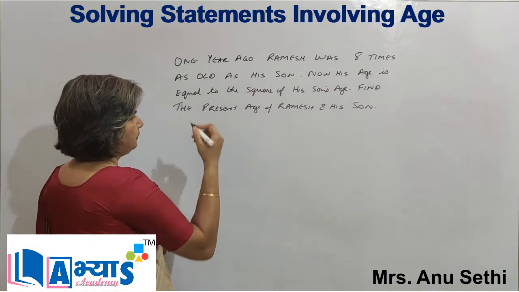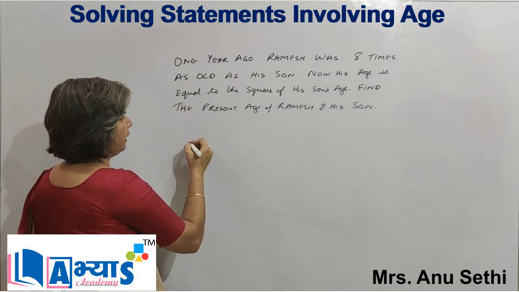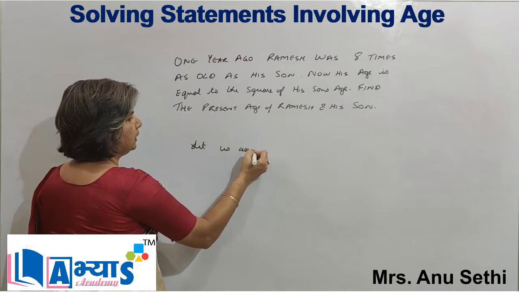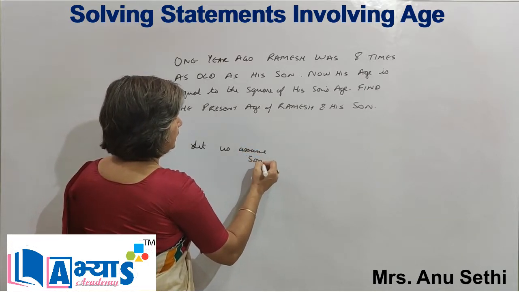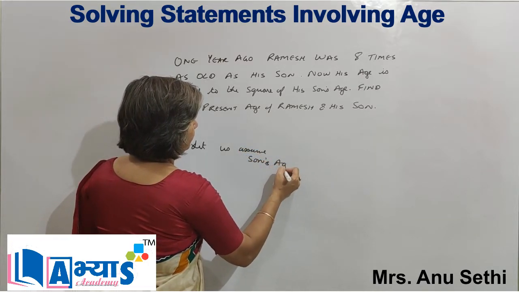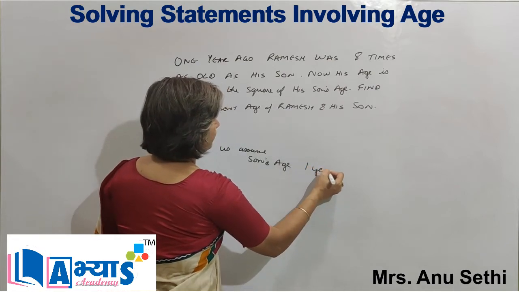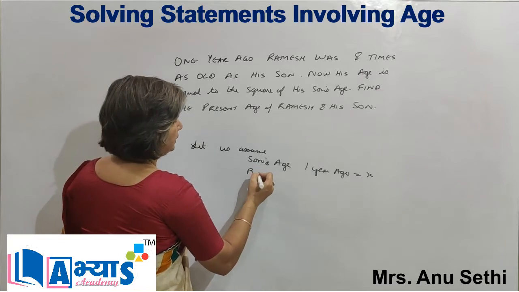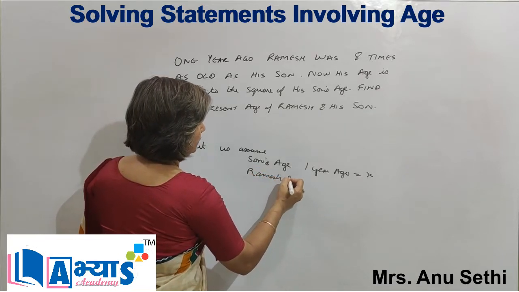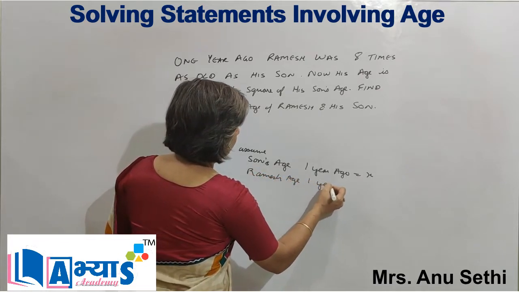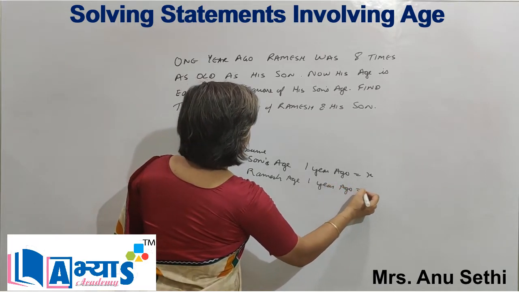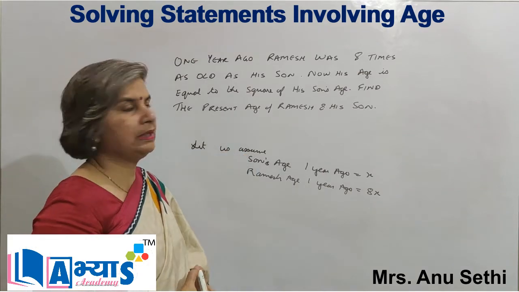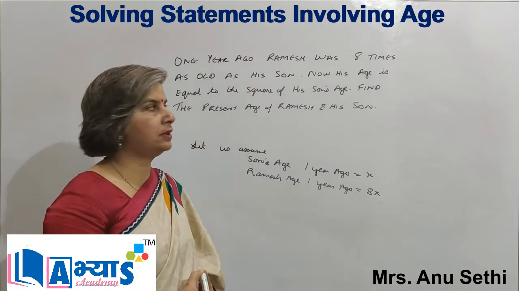In this type of question, let us assume the son's age 1 year ago to be x. So Ramesh's age 1 year ago was 8x, because we are given that 1 year ago Ramesh was 8 times as old as his son.